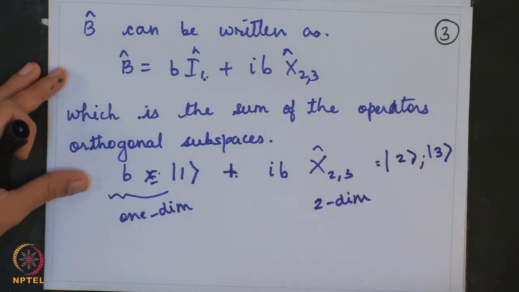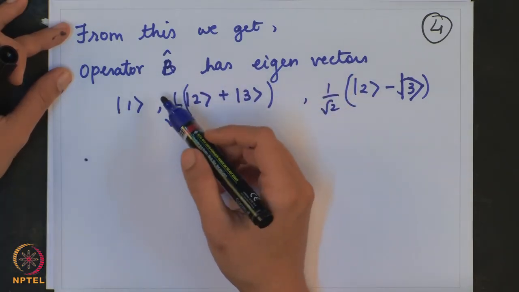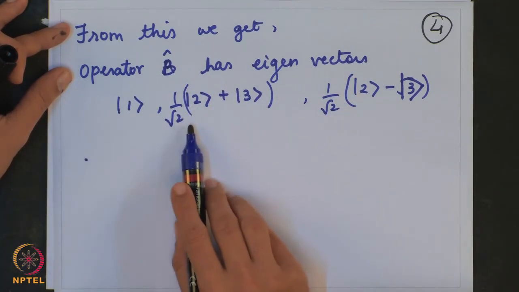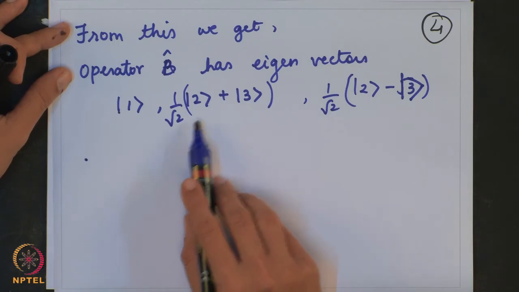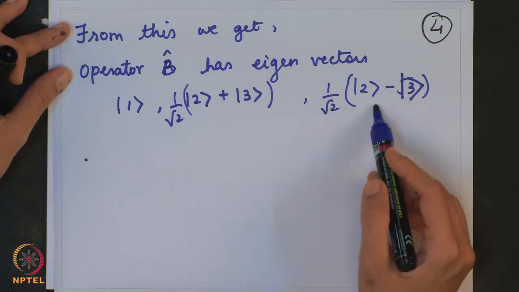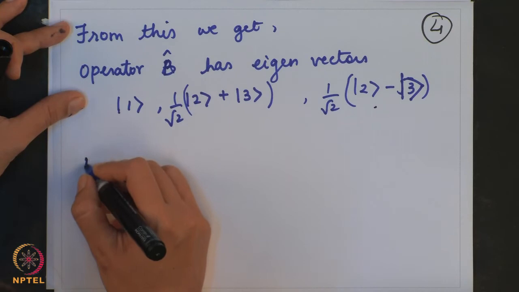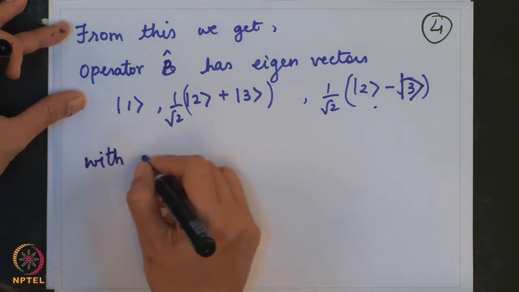Okay. The eigenvectors of operator B are 1 by root 2 (ket 2 plus ket 3) and 1 by root 2 (ket 2 minus ket 3), with eigenvalues.